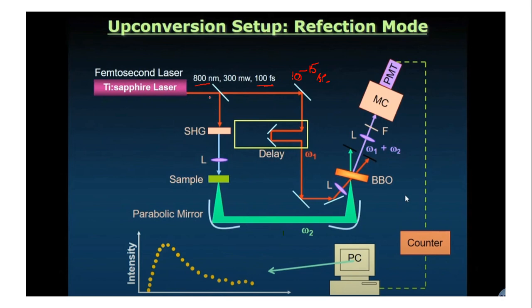So this light, in this entire system, we do not use lenses here, we use these parabolic mirrors. Why do we use these parabolic mirrors? These reflect the light. Generally, if the light passes through some transmitting medium, it will take more time, and therefore its resolution time will increase.